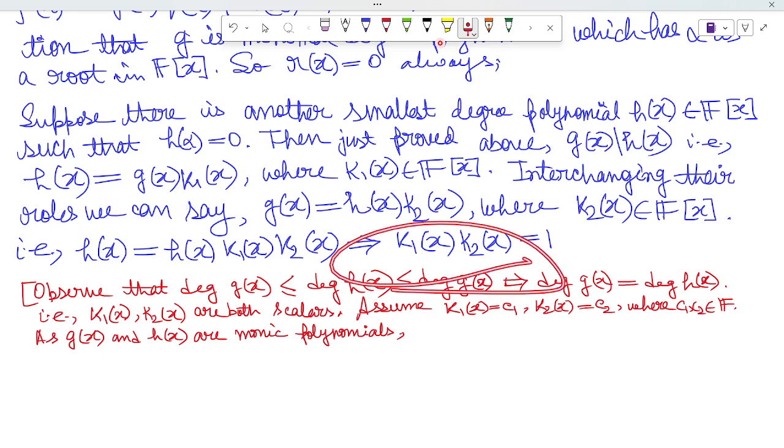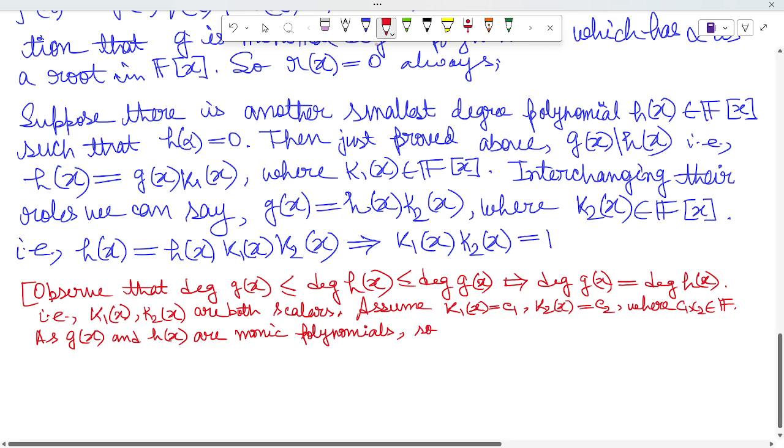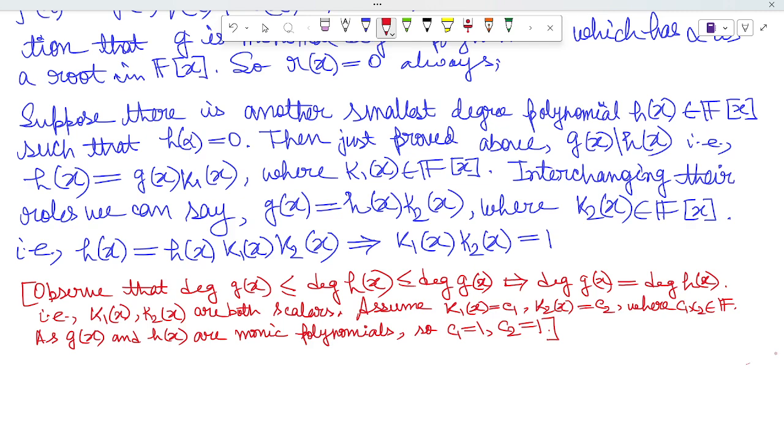The leading coefficient is c here, and 1 here. So c1 is 1, and similarly c2 is 1, because c1 into c2 is again 1. So c1 equal to 1, c2 equal to 1. I'm directly writing. So this is proved now.